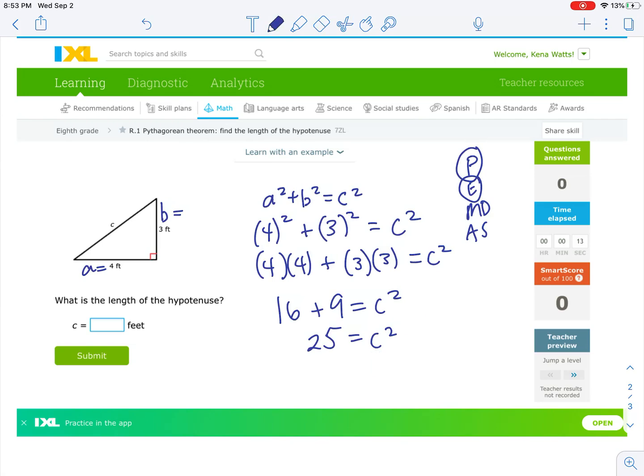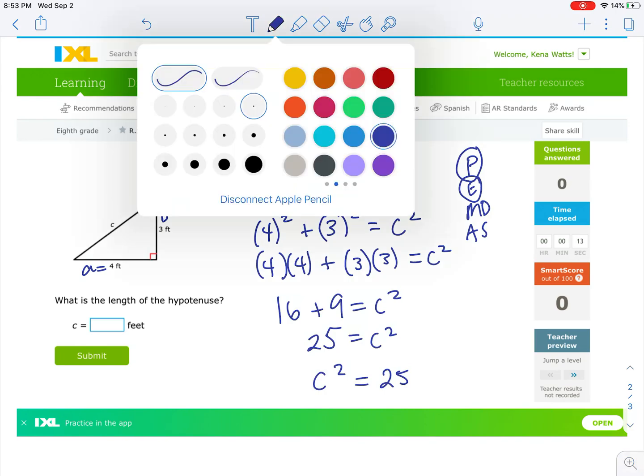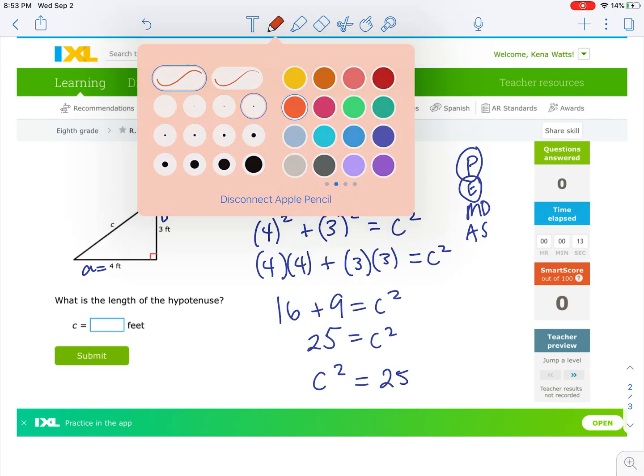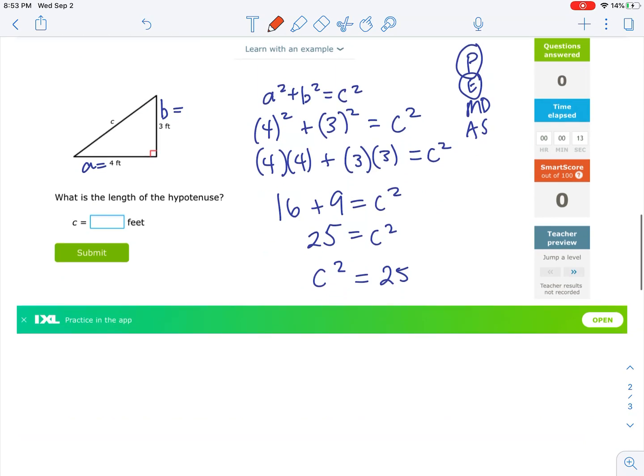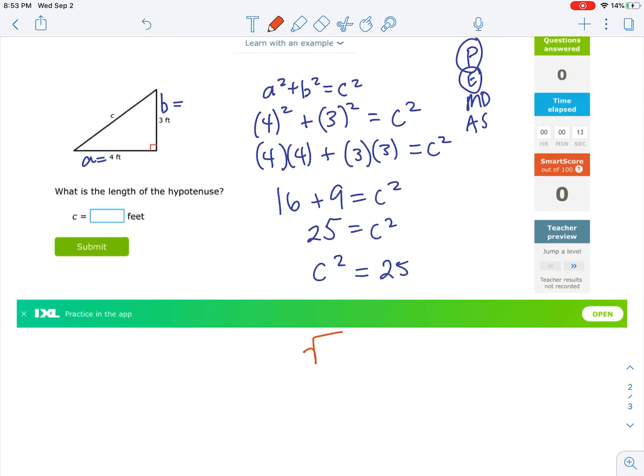This next step is just a personal preference of mine. I like to put the variable over on the left. These two equations mean the exact same thing: 25 equals C squared is the same as C squared equals 25. Algebraically, to solve for C, I take the square root of both sides.